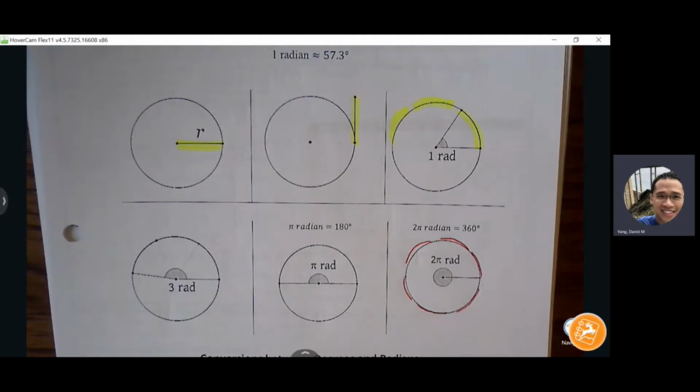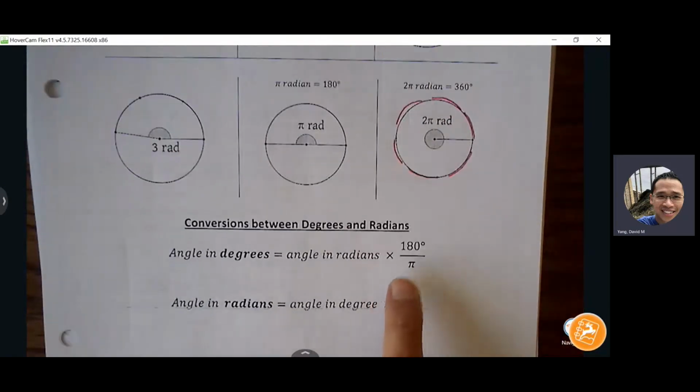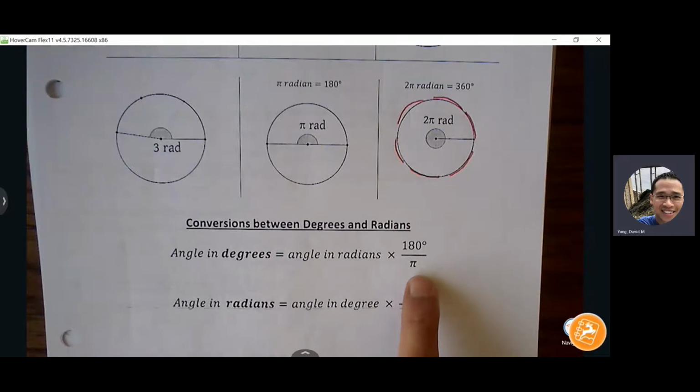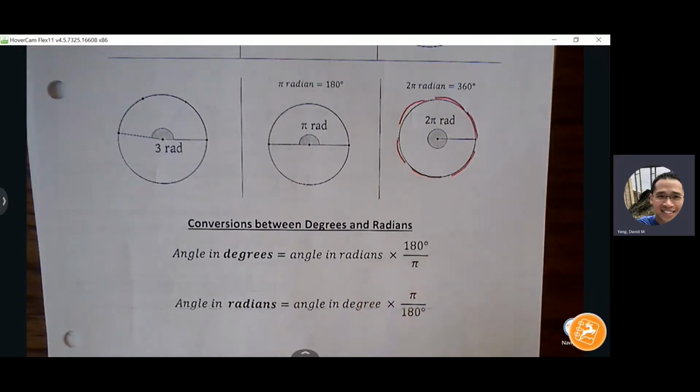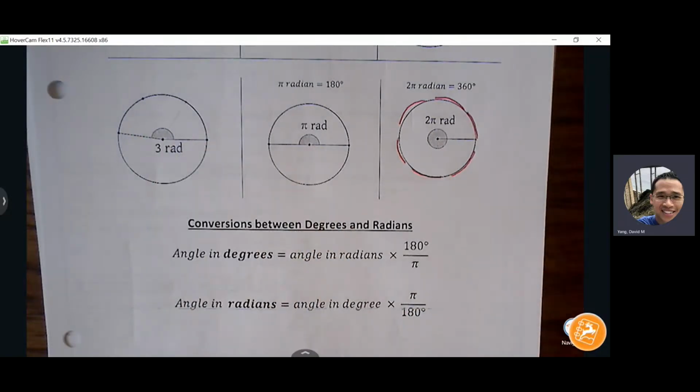So that's why pi and 180 is the conversion rate. 180 degrees is pi radians, and so if I want to convert from degrees to radians or radians to degrees, I just use pi over 180 or 180 over pi to get from one version to the next. But ultimately, we're just not going to do a whole lot with degrees. Most everything we're dealing with is in terms of radians.